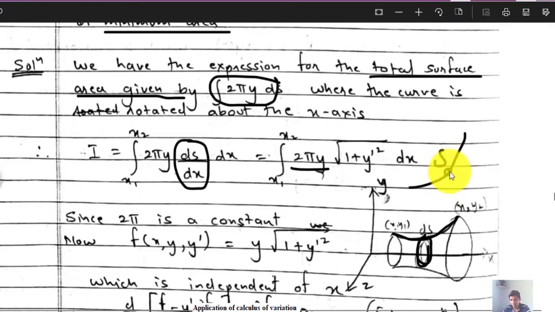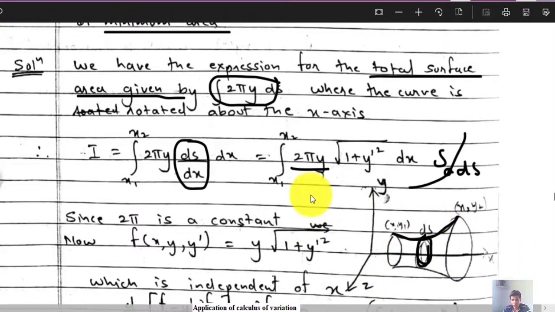If I take some part and draw a tangent, then ds will be the arc length. This is what I discussed in the very first class, and now also. So the arc length will be the integral of 2 pi y square root of 1 plus y prime square dx.